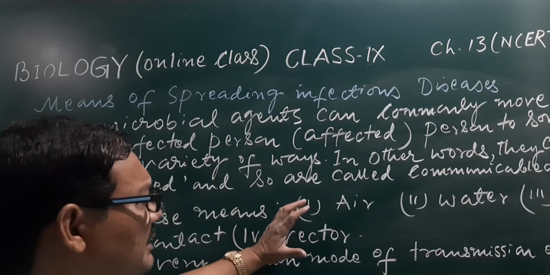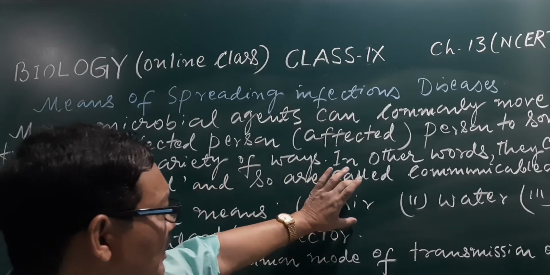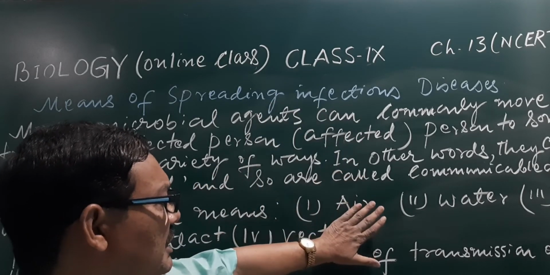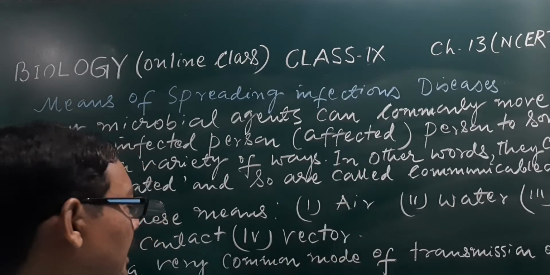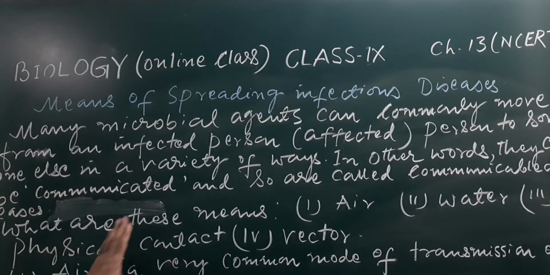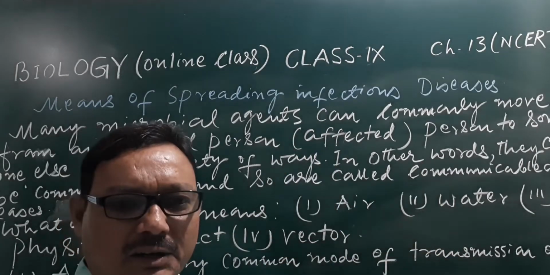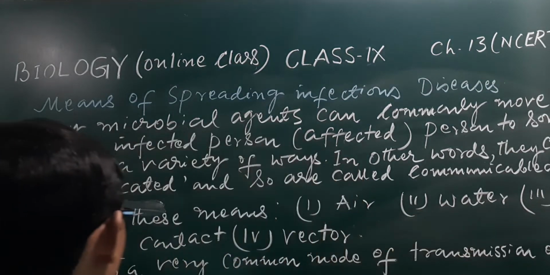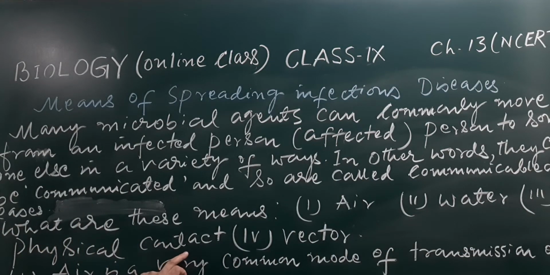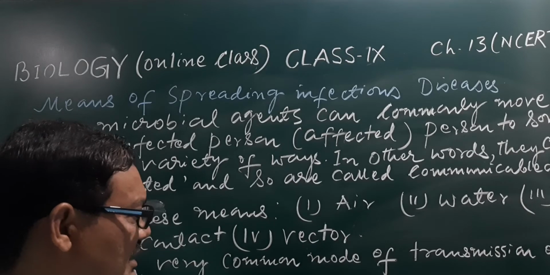What are these means of spreading of infectious diseases? The first one is the air, which is the most common mode of transmission from one affected person to another healthy person. The second one is water, and the third one is physical contact. It may be of two types, direct contact and indirect. And the fourth one is the vector.